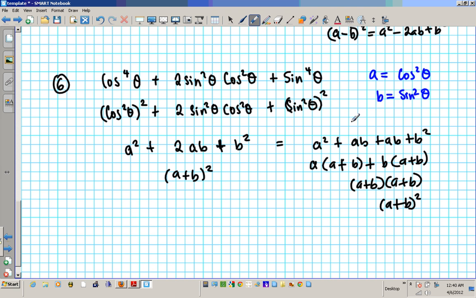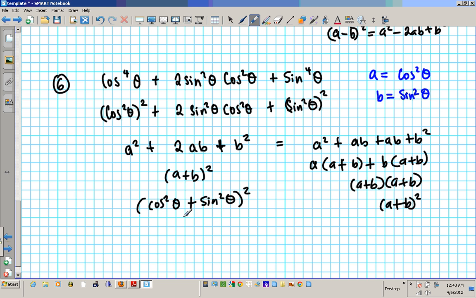But to finish it up, we have to resubstitute our original substitution. So this is going to basically become (cos²θ + sin²θ)². Wait a minute, isn't this the Pythagorean identity? Absolutely is. cos²θ + sin²θ is the same thing as sin²θ + cos²θ, because addition commutes, right?